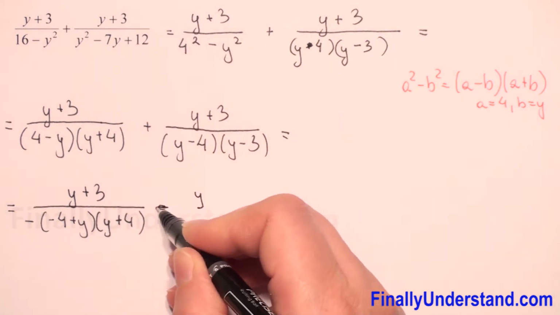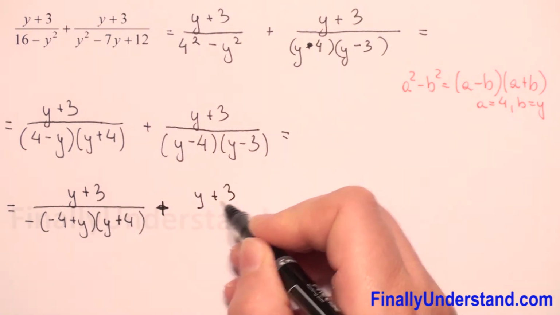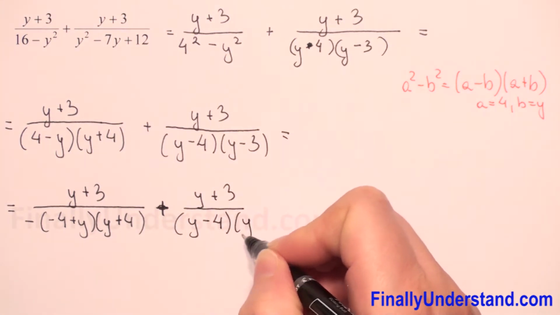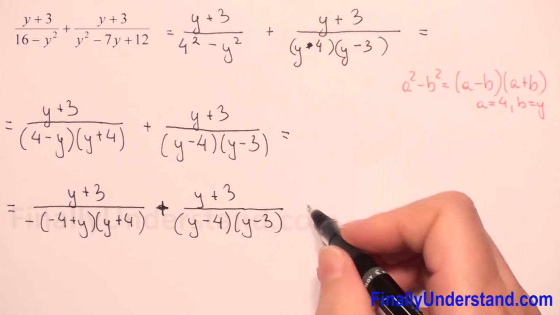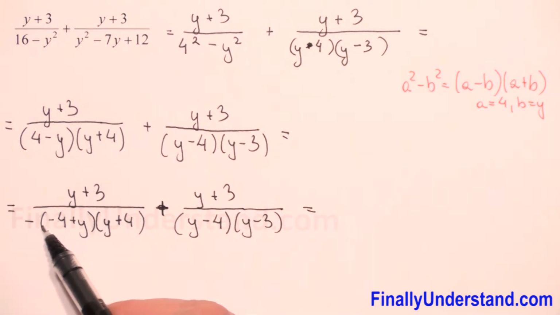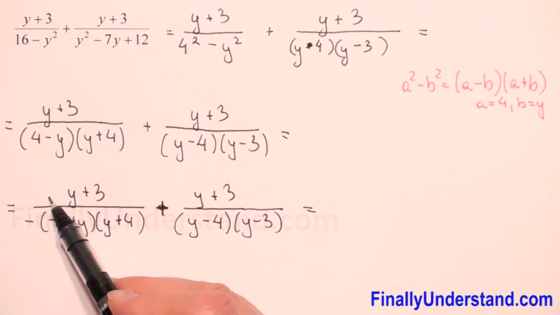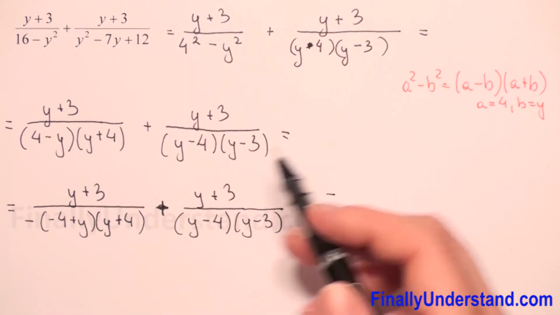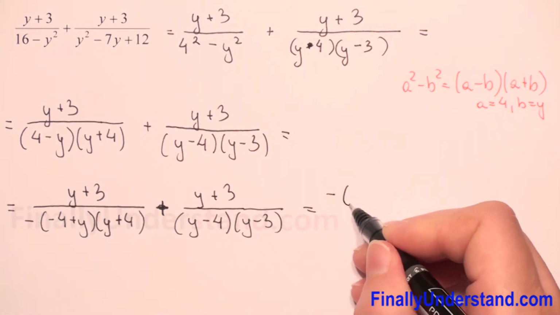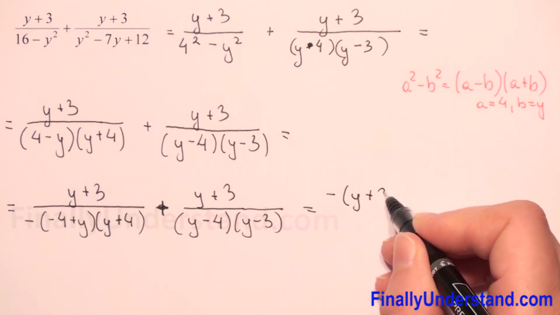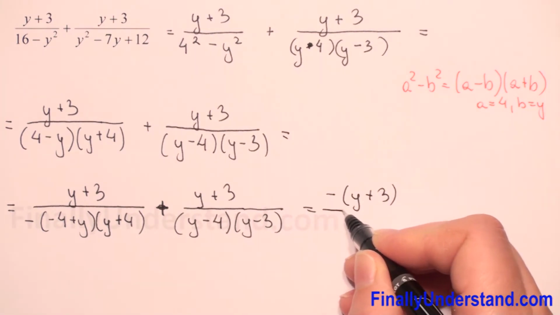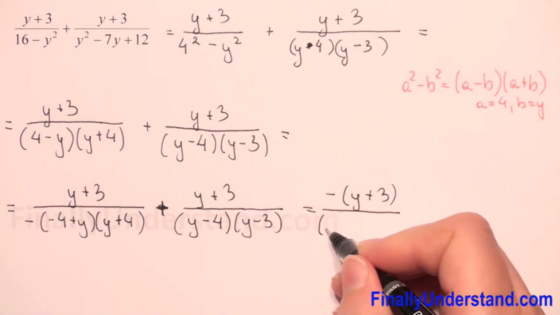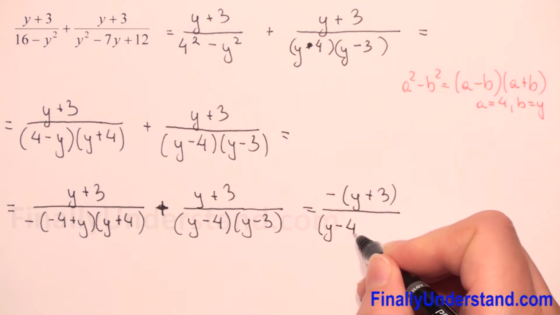Of course, y plus 3 over y minus 4 times y minus 3. And now I will take this negative sign to the front, because before this whole expression I have a negative sign, so it will be y plus 3 over, and now I can put first the positive variable, y minus 4.